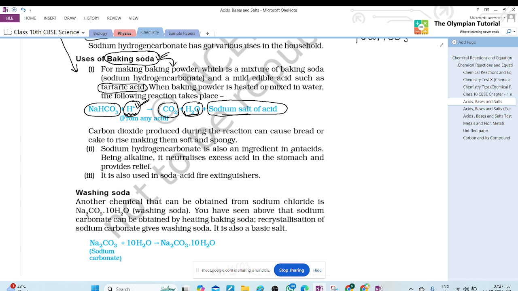This reaction is also important, students, because you can get 1 mark. Suppose you are writing the uses of baking soda, you can write there how baking powder is formed from baking soda.